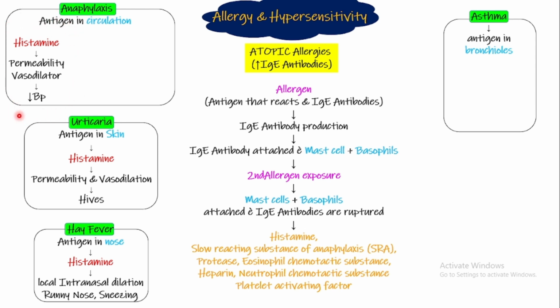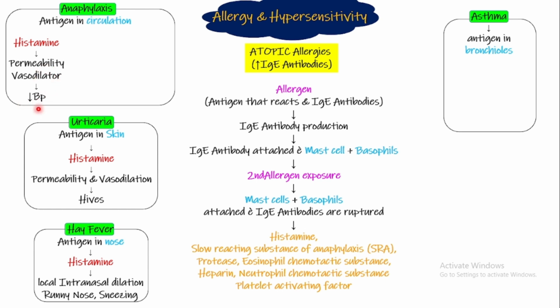So antigen is in the circulation, histamine is released. Histamine will cause the vasodilation of the generalized blood vessels, resulting in fall of blood pressure. And whenever there is decrease in the blood pressure more than a limit, it results in fainting. So in anaphylaxis, the person can faint because of decrease in blood pressure.